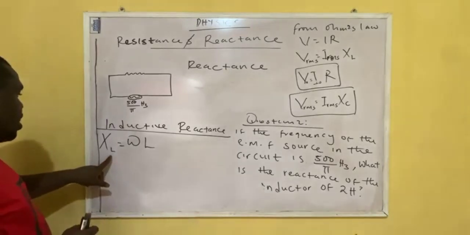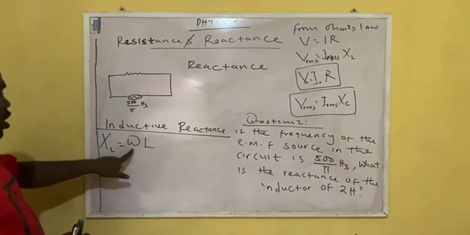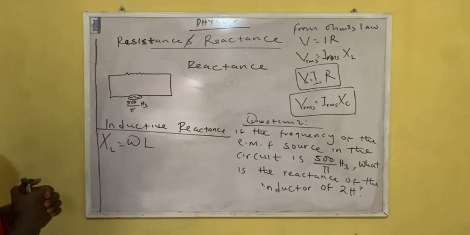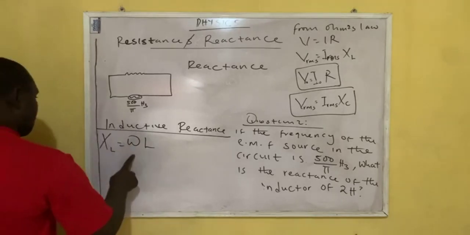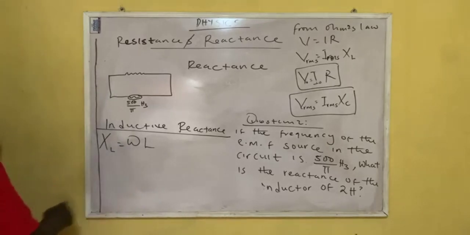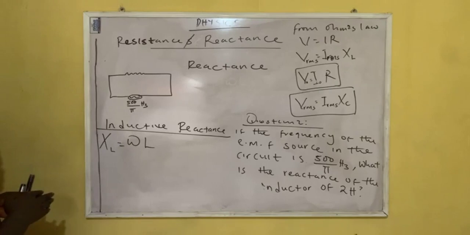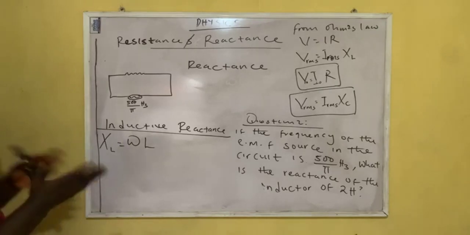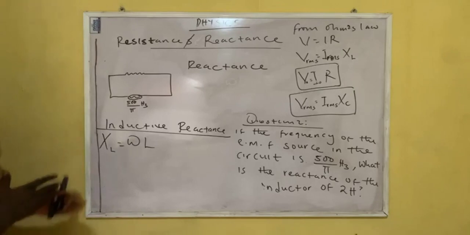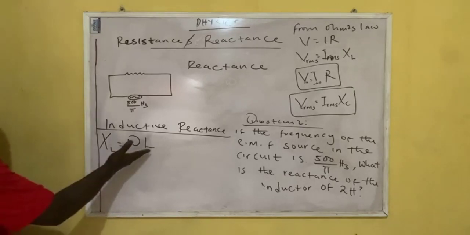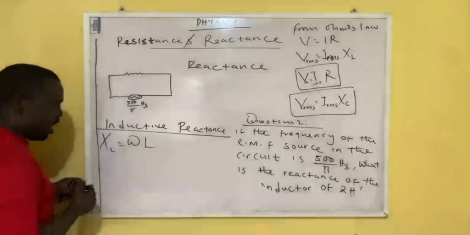My XL here is the inductive reactance. It gives me angular velocity or angular frequency multiplied by L. L is given in Henry. That's the unit of L. So we have what we call inductance, like you have your capacitor and your capacitance. So it's given in Henry.